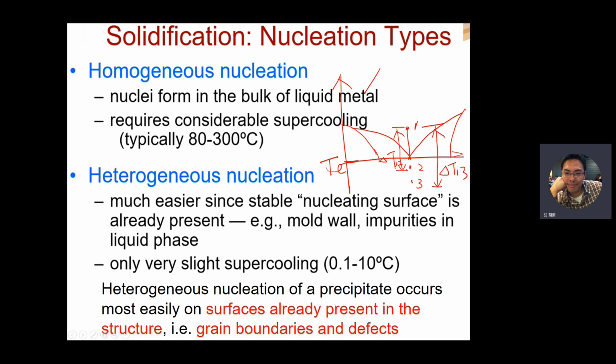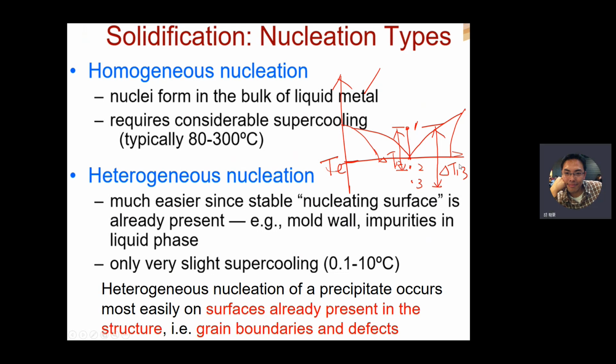So which one has the higher energy or higher driving force for phase transformation from liquid to solid, if this is a eutectic reaction? Of course, from 1 to 3, because that delta T is larger than delta T 1-2.